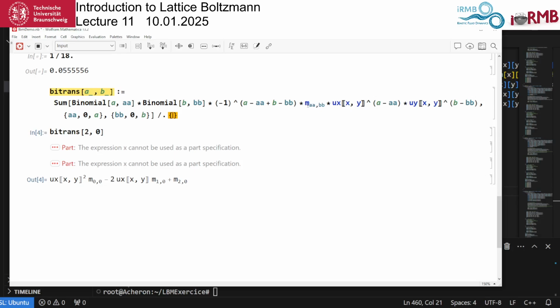No, they are not velocities, they are momenta, right? So I'll replace momenta 1, 0 by UX and Y times rho X and Y.